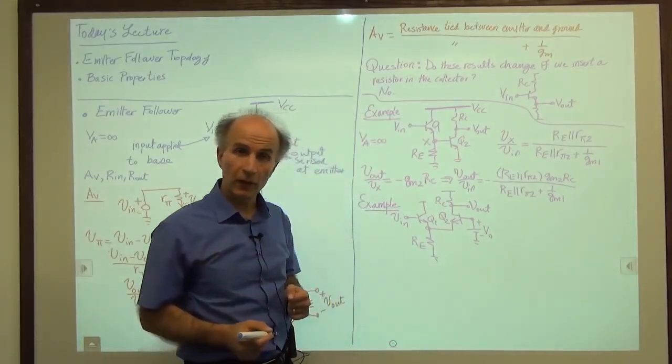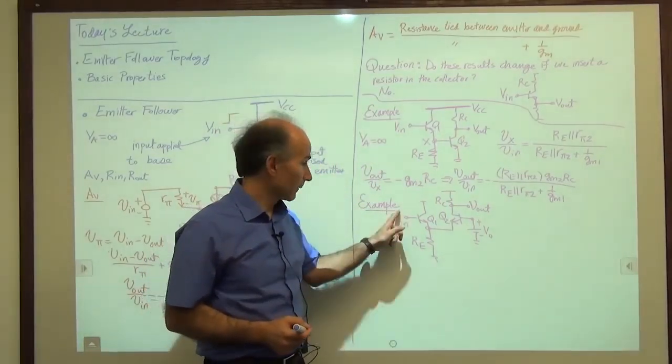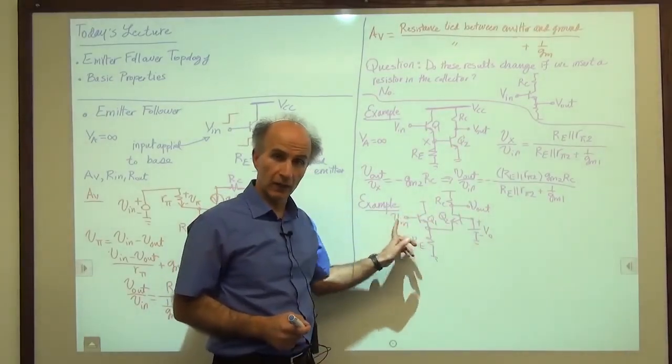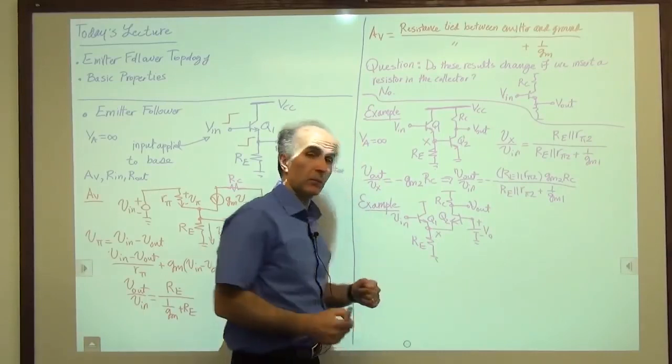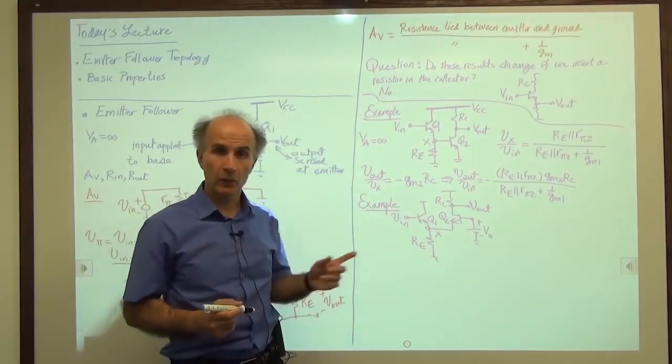So again, we would like to find the voltage gain from here to here, meaning V out over V in. As usual, we call this node X, and we proceed. So this is the quiz of the day.